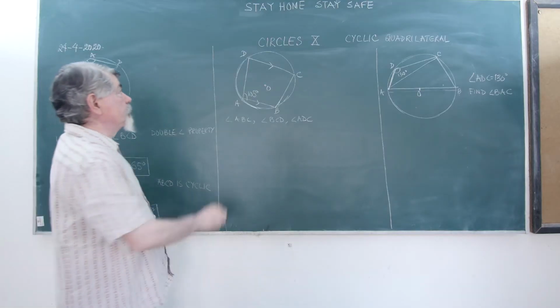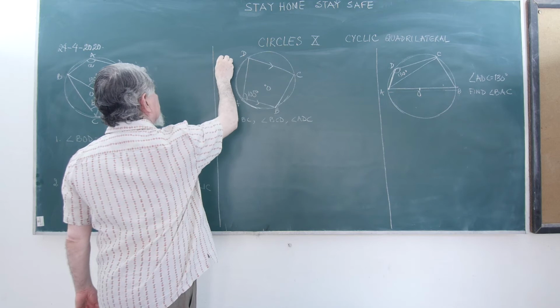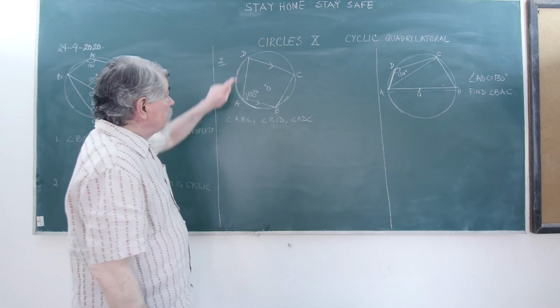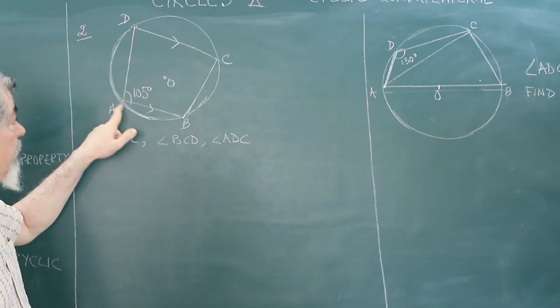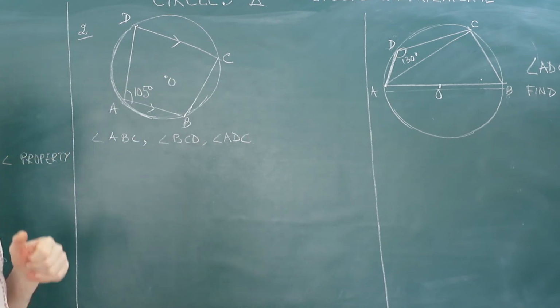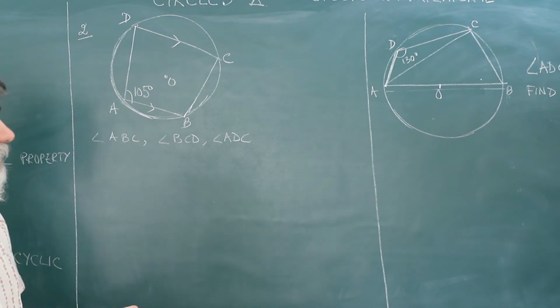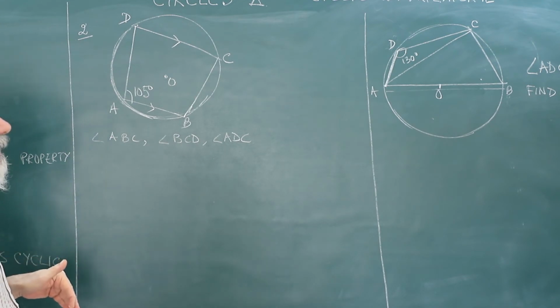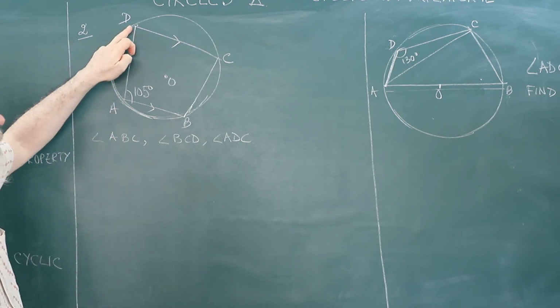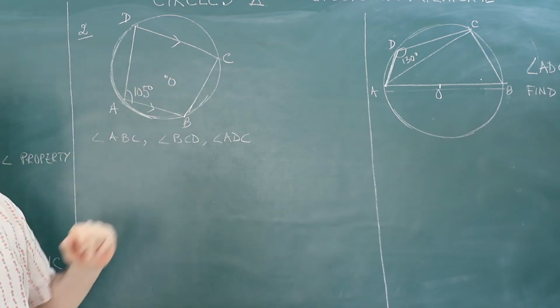Now let us look into question number 2 here. In the second question also, ABCD is a cyclic quadrilateral because this quadrilateral is inscribed in a circle. And he has given you DC parallel to AB.